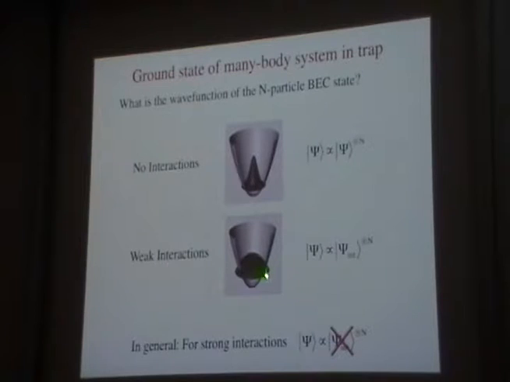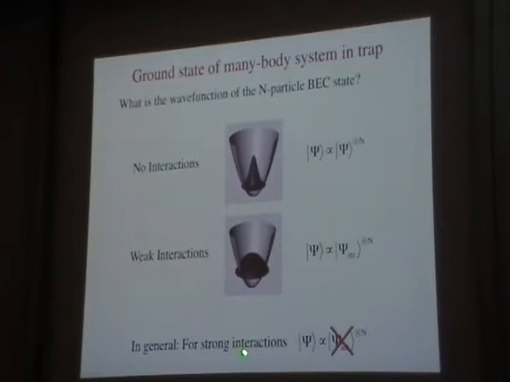If you have weak interactions in the system, then it's still a product of single-particle wave functions, but you have to figure out what the single-particle wave function looks like in the presence of weak interactions. What you find with interactions is that the wave function is slightly inflated, or looks a little bit bigger, but to a good approximation for weak interactions, it's still just a product of N single-particle wave functions.